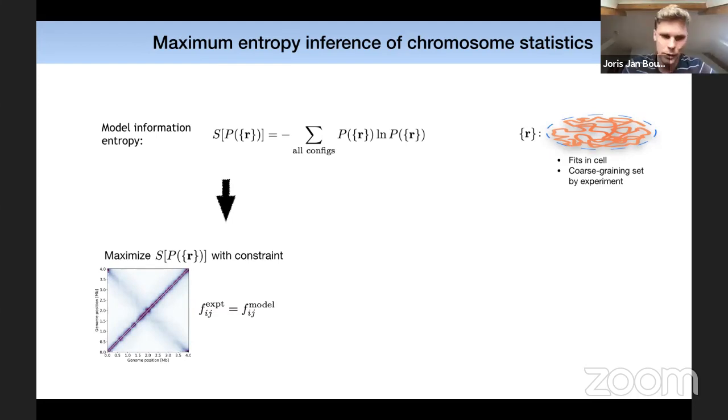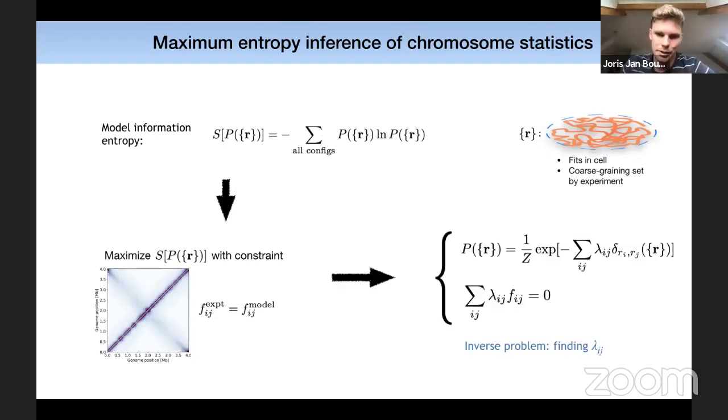And now if we do this constrained maximization, we obtain the equations for our probability distribution P of R. And so this is determined by the Lagrange multipliers that we introduced for each of our constraints. And we are now faced with an inverse problem of finding the values of these Lagrange multipliers. And we solve this using iterative Monte Carlo simulations. And I won't go into the details of that now, but I'll just show you the results.